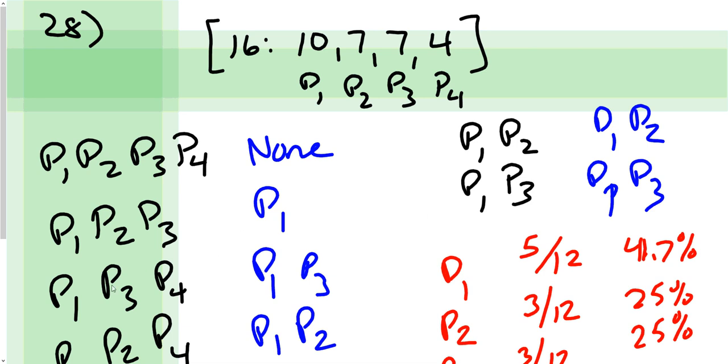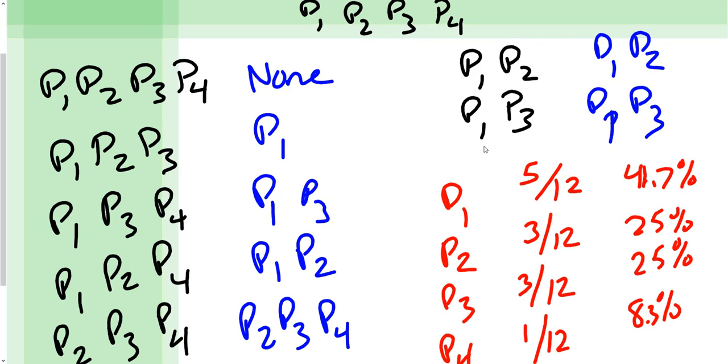But it's when you get to situations like P1, P2, P4. In that case, both P1 and P2 are necessary to that group. But P4 is not, because you can drop the 4 and you'd still have 17. So those are the things that you have to think about. And the one thing you're going to notice here is the breakdown is exactly the same as the other problem. That will happen a lot.